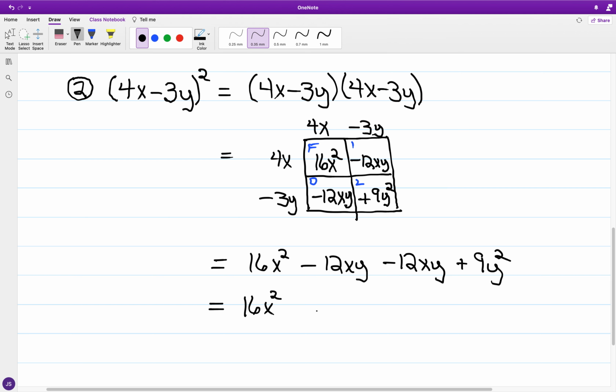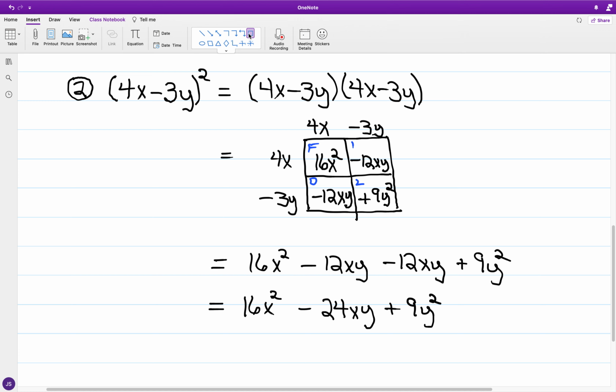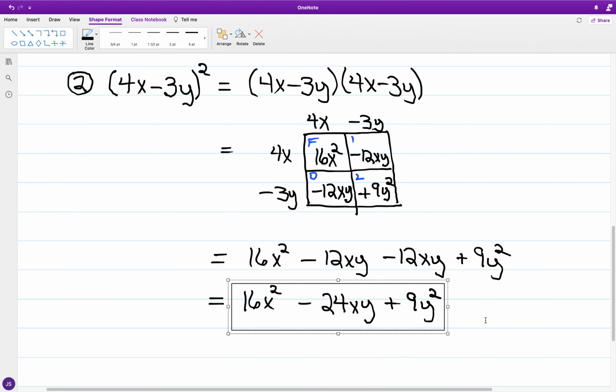For the middle two terms, these are first degree in both x and y, and they are identical, and if we combine them together, we end up at minus 24xy. And the last term is the only one we have exclusively in terms of y squared. And this will be what we have in this particular result.